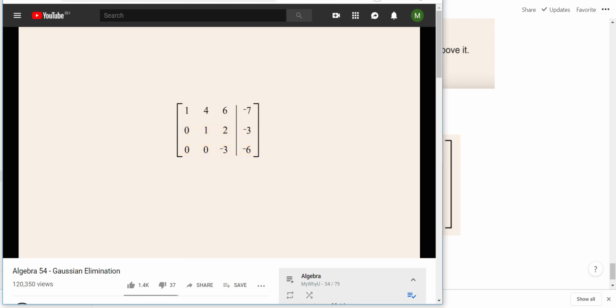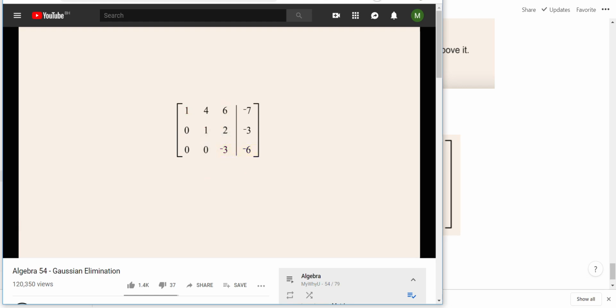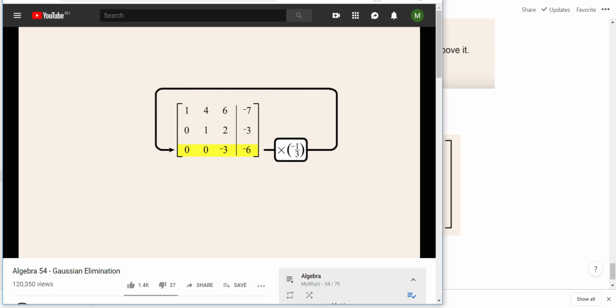Now that the entry below the 1 in the second column is 0, we move on to the third column. This can be accomplished by using another scale operation to multiply row 3 by -1/3. We notate this by writing -1/3 times R3.